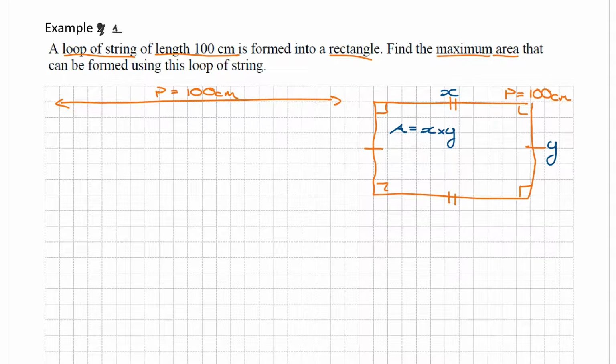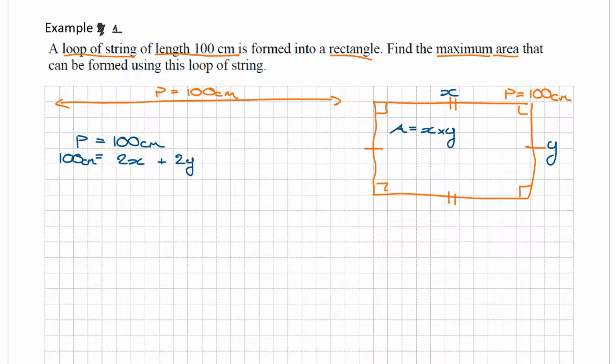Alright. Now, in terms of the perimeter for this shape, we're going to get perimeter equals 100 centimeters, of course. And more specifically, if we were going to write it in terms of x and y, and I'll throw the 100 centimeters over there, it's going to be 2x plus 2y.